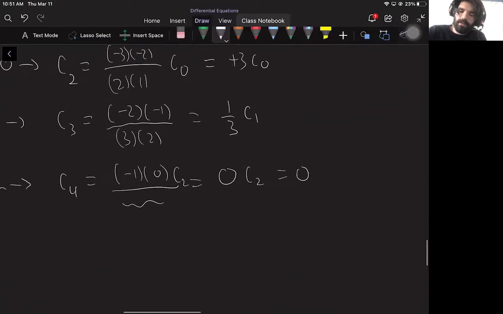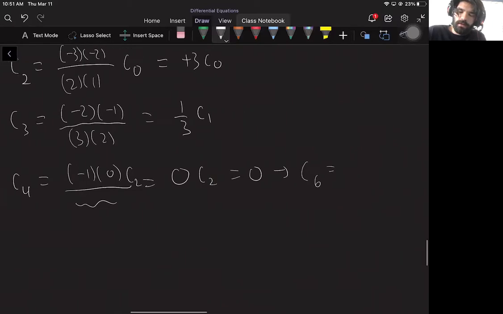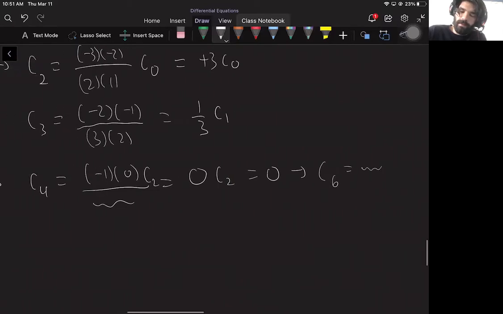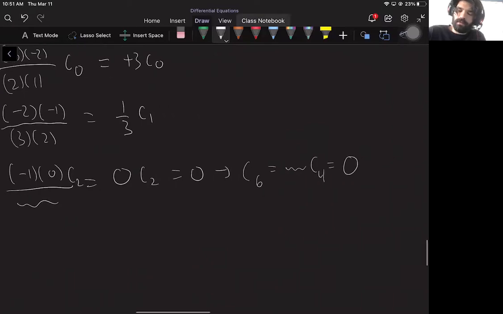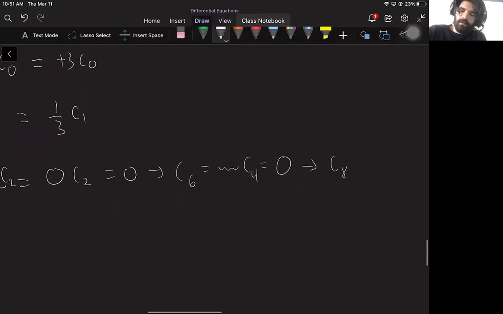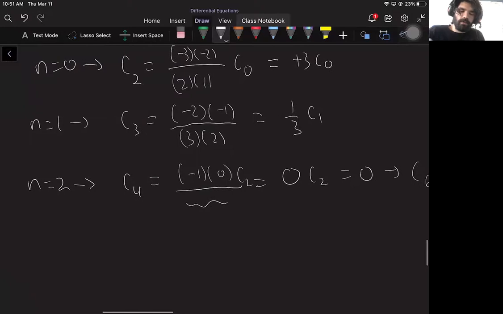But then this tells us C6 is going to be something times C4, but C4 is 0, so C6 is going to be 0. Similarly, C8 will be 0. All the rest of the even ones will be 0.